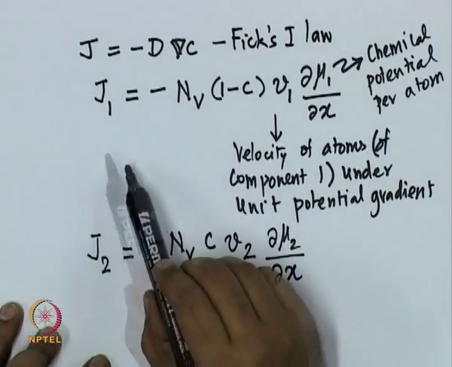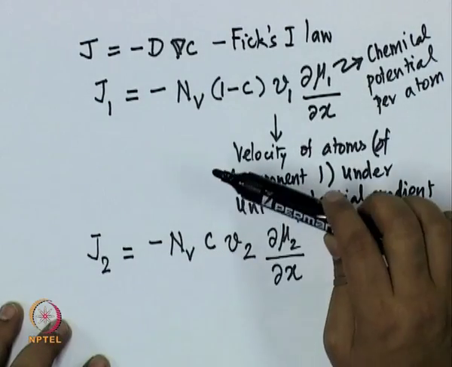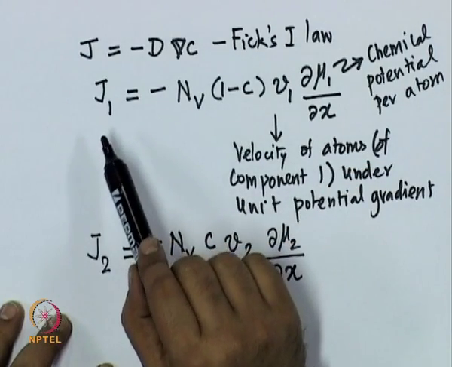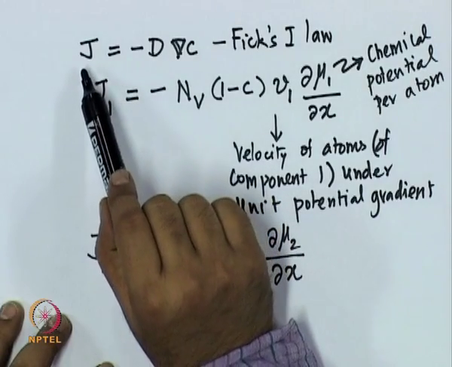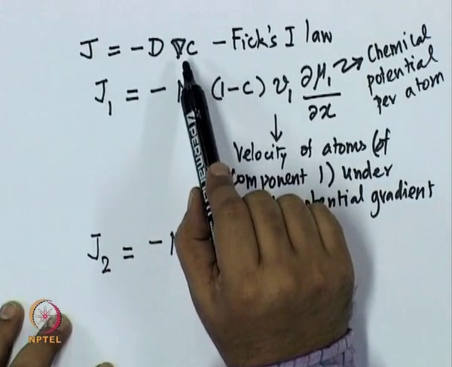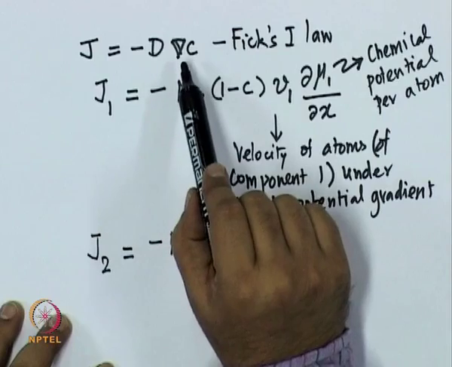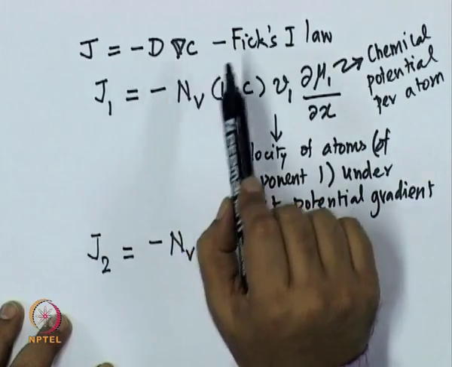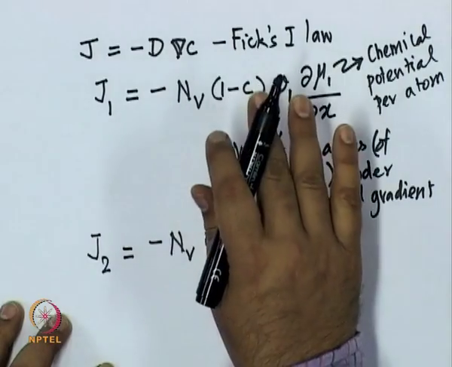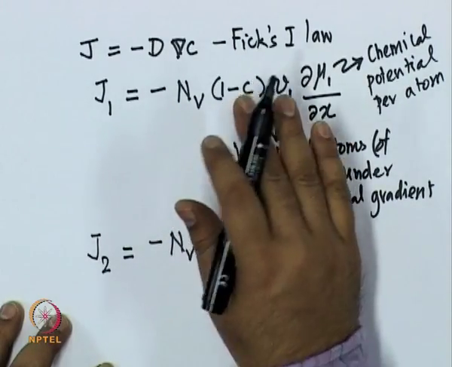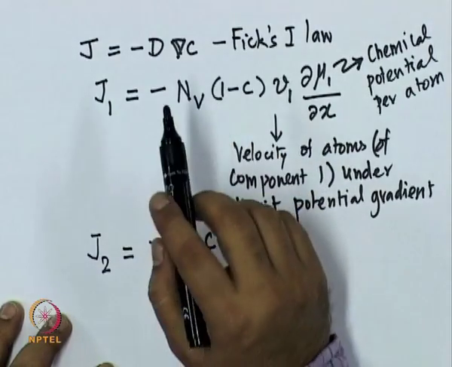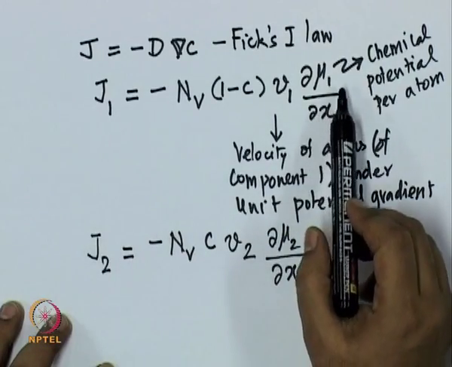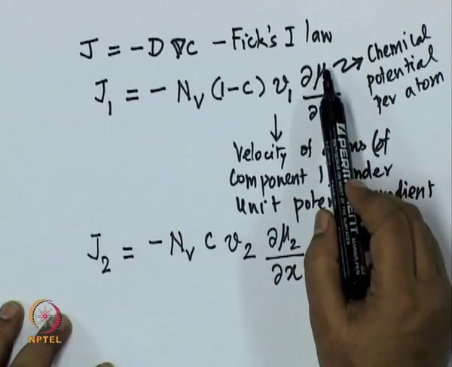Now, we are trying to write a different type of expression, the reason being that we have argued and shown graphically that connecting the atomic flux to the concentration gradient is not always correct, because spontaneously diffusion happens to reduce free energy, to minimize free energy, and the correct quantity which represents that minimization is basically the chemical potential.